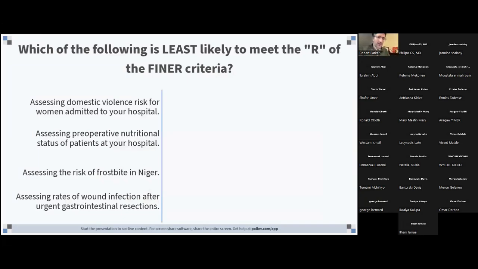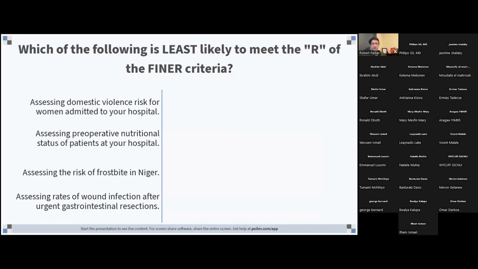So I would agree that assessing the risk of frostbite in Niger. I'm guessing, knowing my colleagues in Niger, it's pretty uncommon to have frostbite. So assessing the risk of frostbite, it might not be too relevant to the population at hand. I would say that domestic violence risk for women admitted to your hospital, I think that's a global phenomenon.